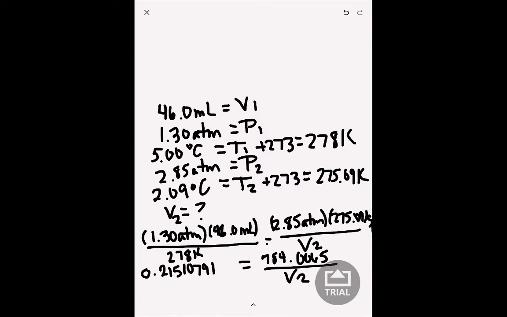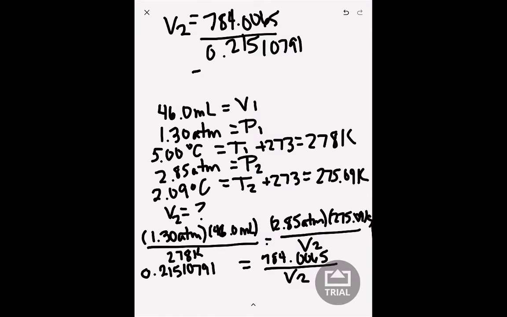Basically, you can see what we're going to have to do is multiply both sides by V2 and then divide by 0.2151071. And so we're going to end up with V2 is equal to 784.0065 divided by 0.2151071. Okay?